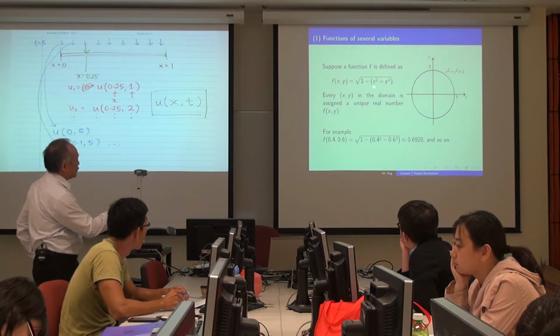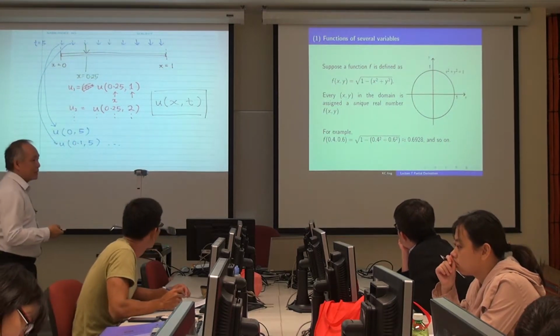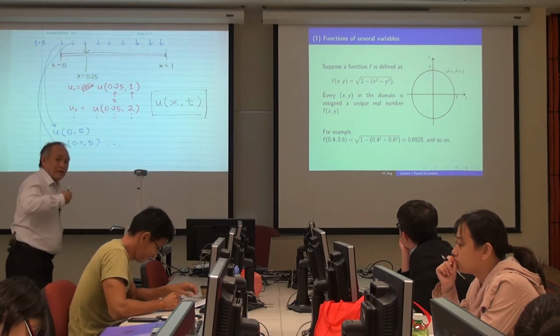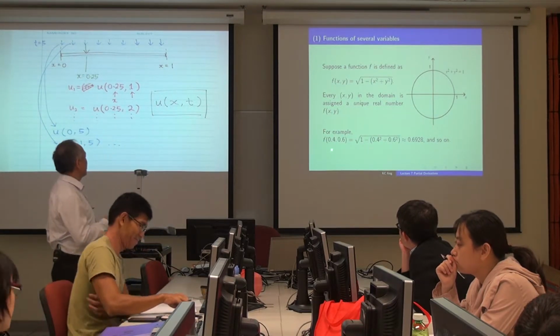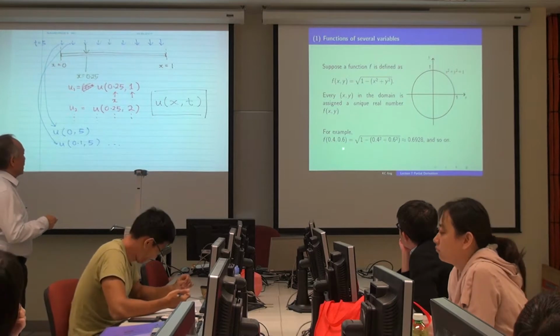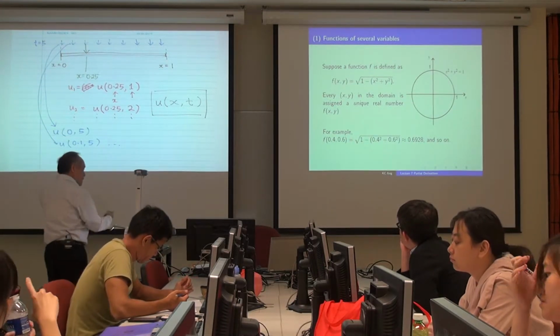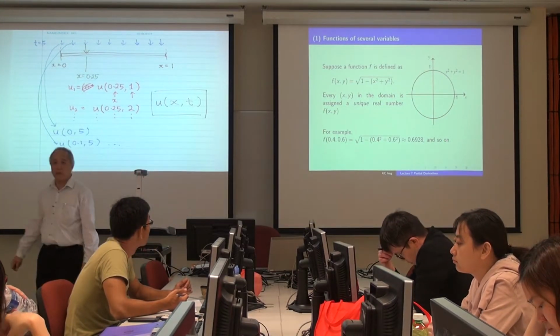That means whatever you evaluate is a unique real number. It cannot be that Monday is one number for this pair (x,y), and Tuesday is another number for the same pair. So it is unique. For instance, if you put x equals 0.4 and y equals 0.6, of course you can work it out to be some number. So that is what we call a function of, in this case, two variables.